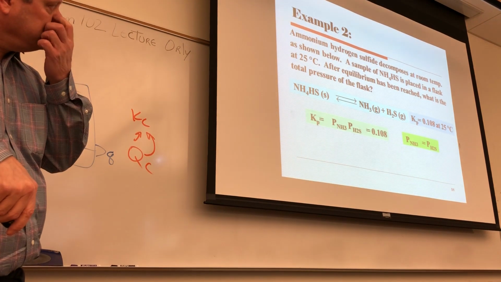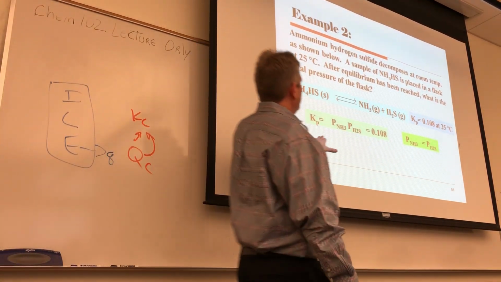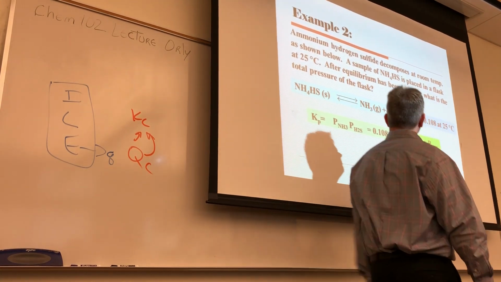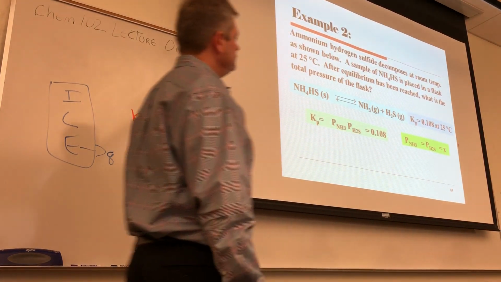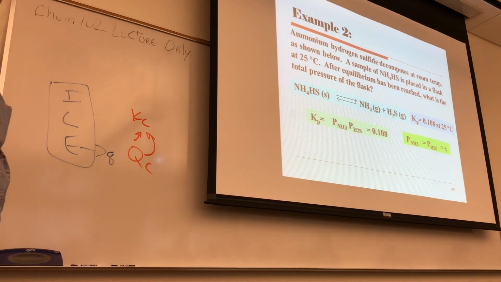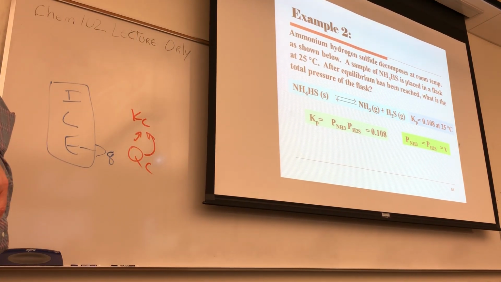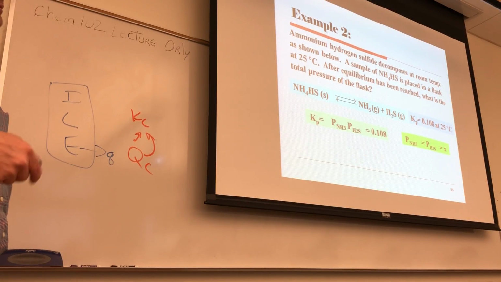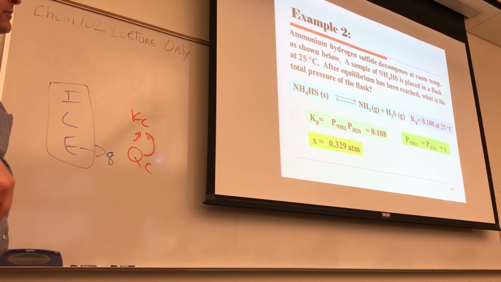So my partial pressure of ammonia is equal to my partial pressure of the hydrosulfuric acid, which is equal to X. So arbitrary, it could be Y, Z, whatever you guys want, right? X and X is the same thing as X squared, which is why these things equal just X themselves. And then I say X is equal to this.